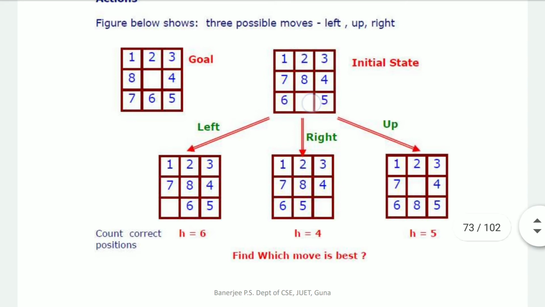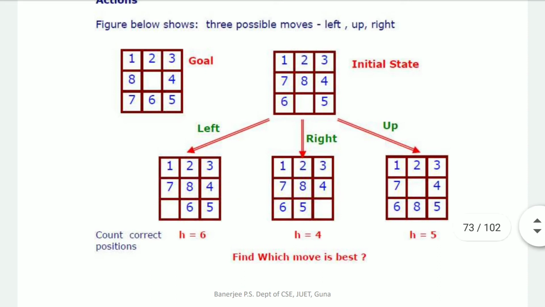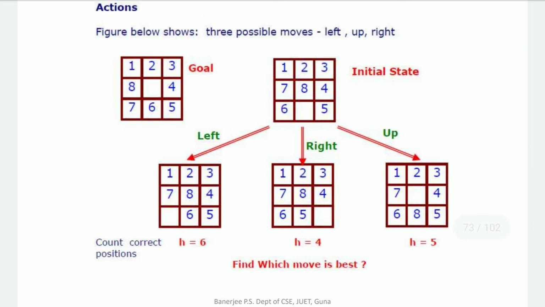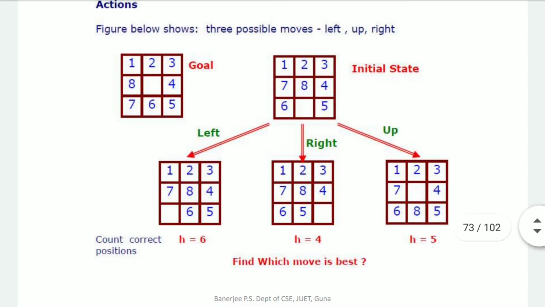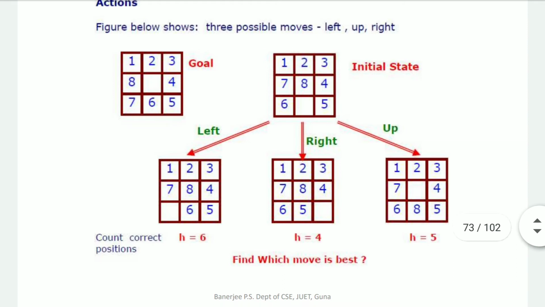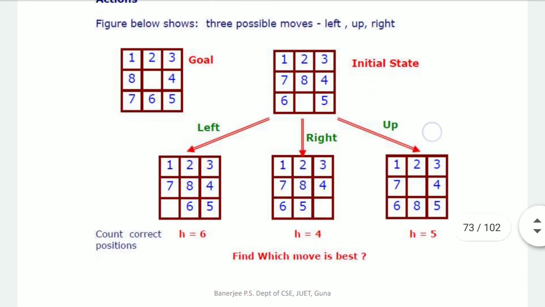For my left, that means putting the blank at the position of 6 is this, that means movement towards left. Putting my blank element towards right, that means at the position of 5 is this. And putting the blank element up, that means at the position of 8 is this one. So I can have a left, right and up position. Fine.